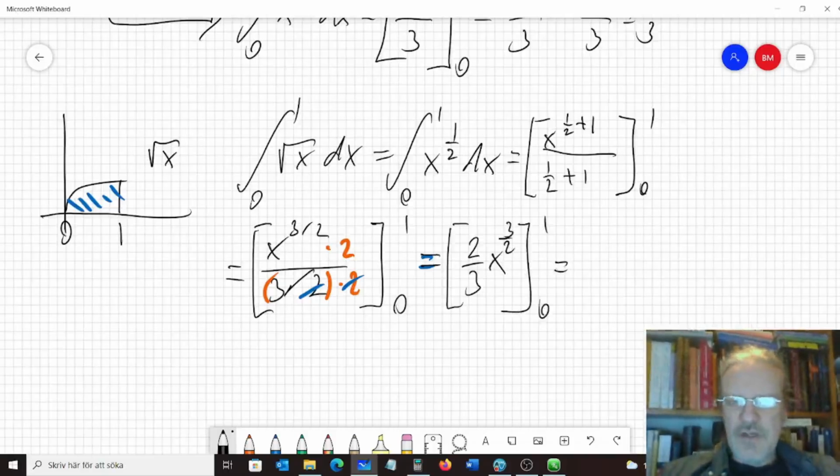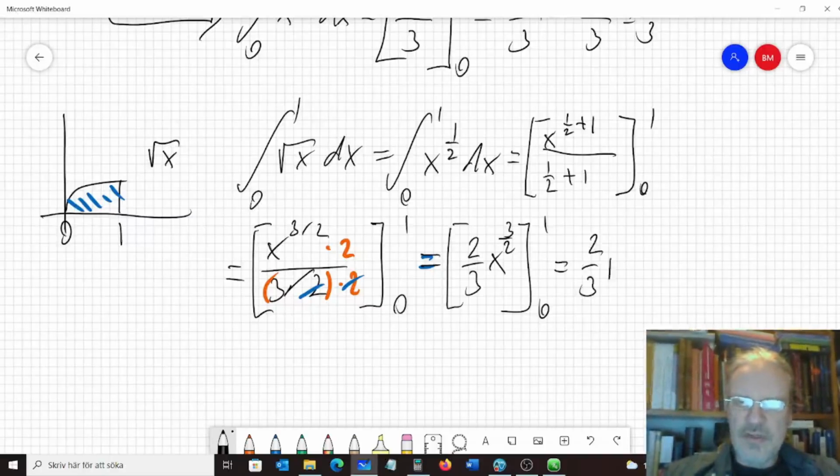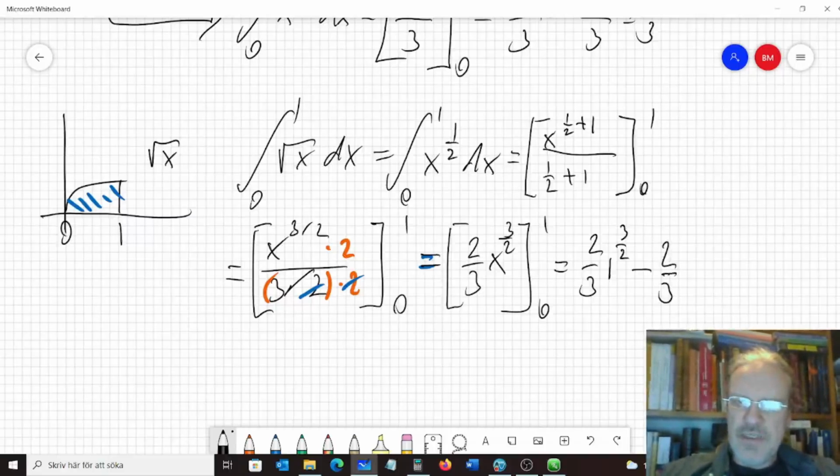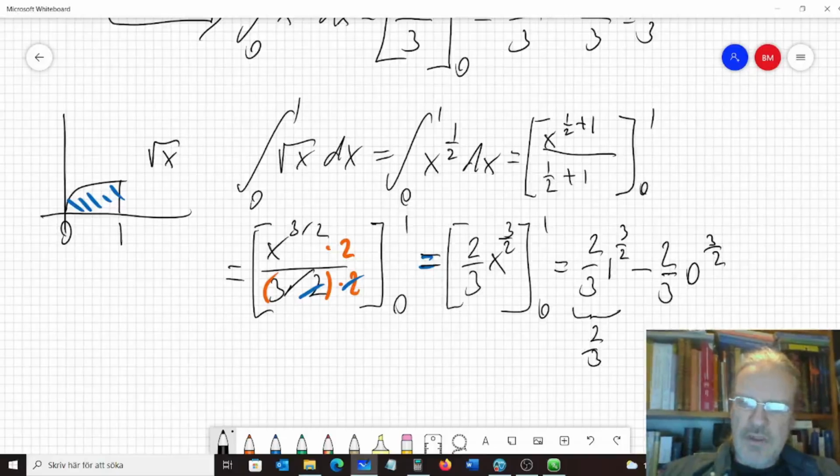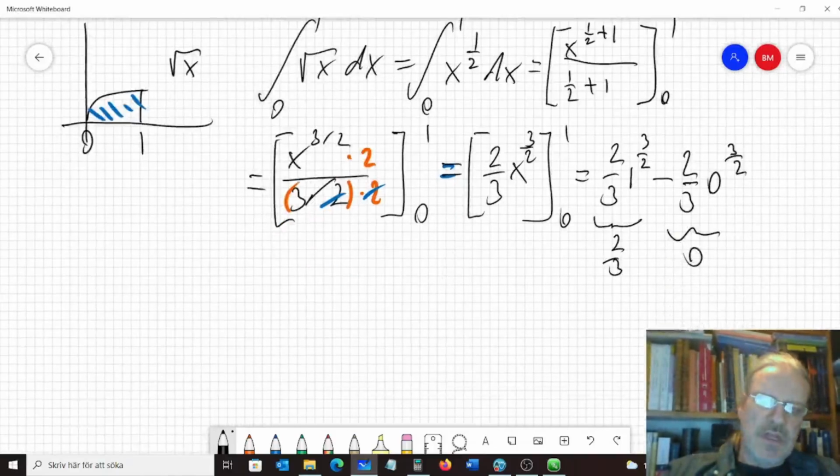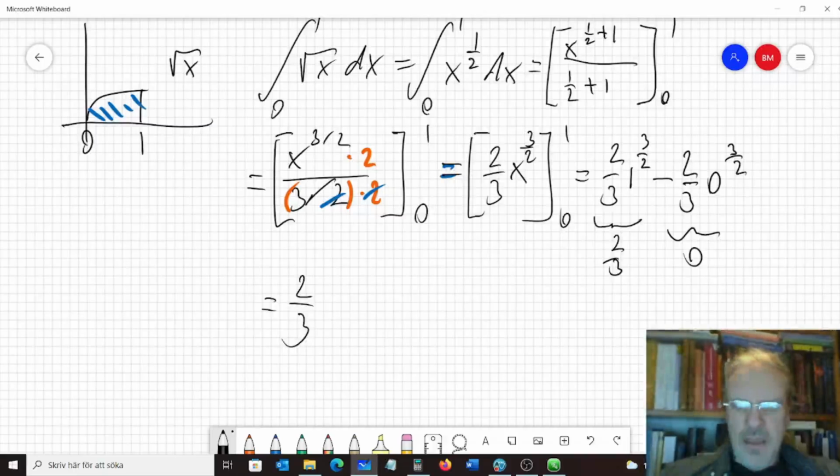That will give us 2/3 times 1 to the power of 3/2 minus 2/3 times 0 to the power of 3/2. This part here will become 2/3, right? And this part here will become 0. So that will give us the answer 2/3. And yet again, we can check this with the calculator.